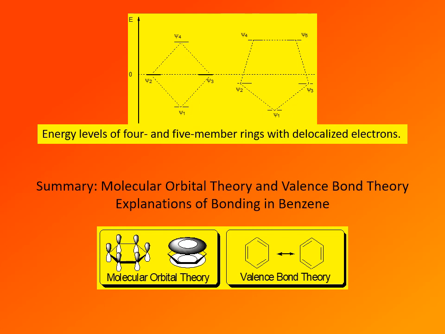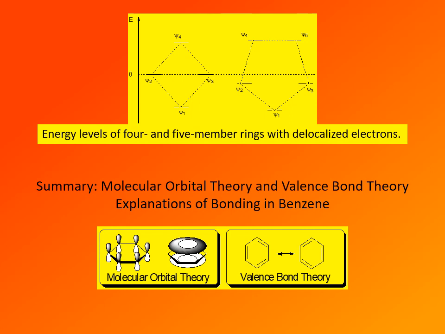Typically, this is shown pictorially, on the right in the molecular orbital theory box, as a donut of electron density above and below the plane of the ring. That shows electron delocalization. Now you should know that this is only the lowest energy psi1 molecular orbital of benzene.